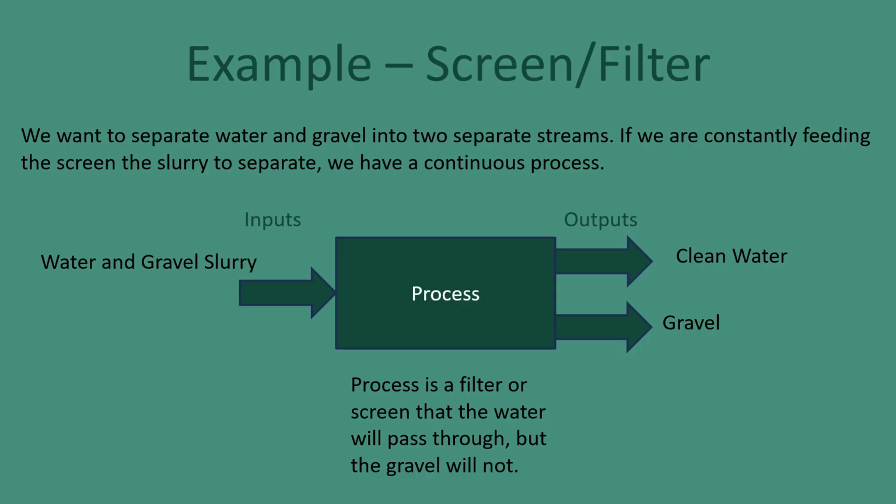So unlike the previous two examples, this is a continuous process. When you're looking at continuous processes in mass balances and process flow diagrams, you look at it per unit time. So if we're feeding in a kilogram per minute as an input, the total outputs will be a kilogram per minute created into two flows.